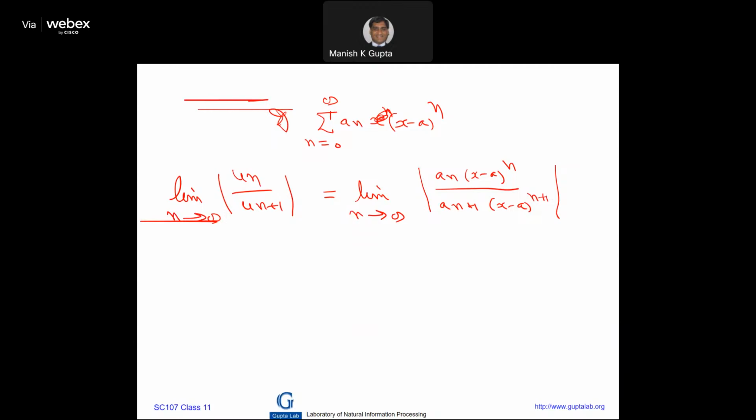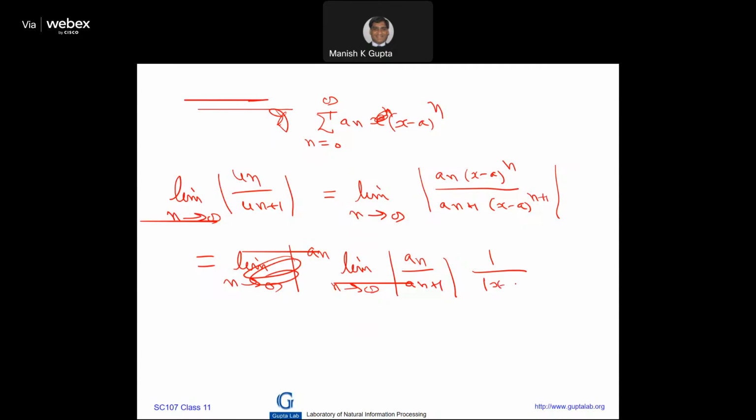Now this is nothing but the limit as n tends to infinity of mod of a_n divided by a_(n+1), times mod of x minus a.